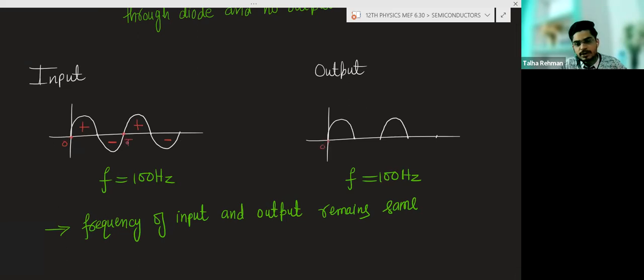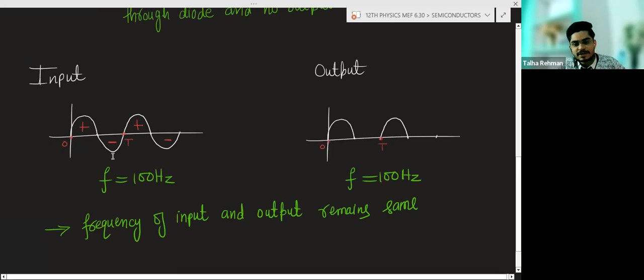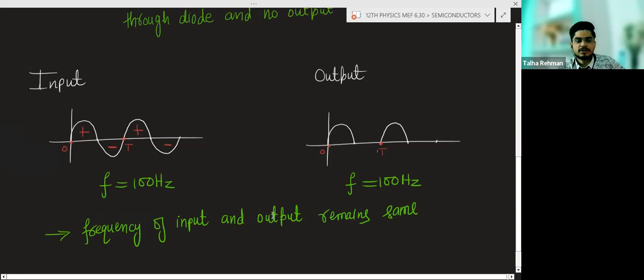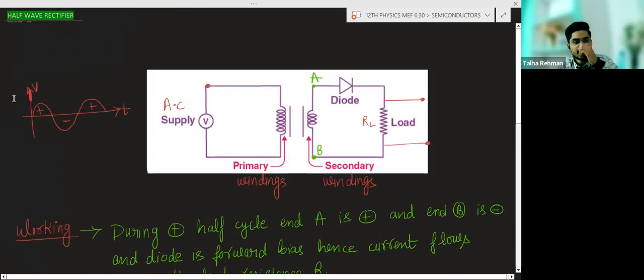So the number of waves per unit time, per second, is the frequency. So the input is 100 hertz and the output also has 100 hertz frequency. So the frequency of input and output remains the same in the half wave rectifier.